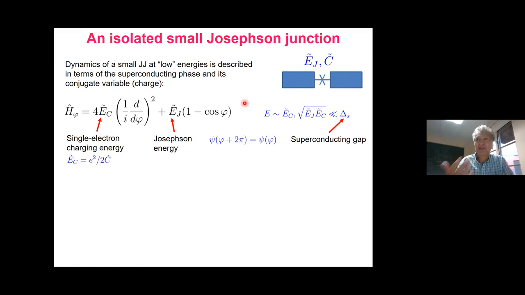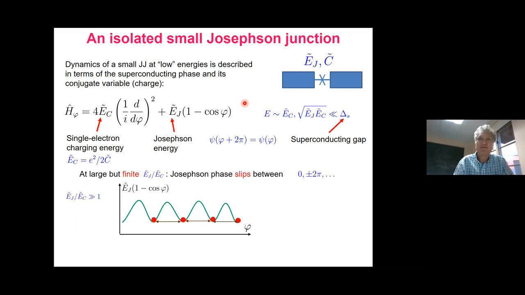So it's a very simple Hamiltonian, like a 1D tight binding or 1D crystal problem. Indeed, as in tight binding, you can think of rare tunneling events of the phase between the minima, 0 to 2 pi, and so on. The height of the potential here is E_J, and the inverse mass is E_C tilde.